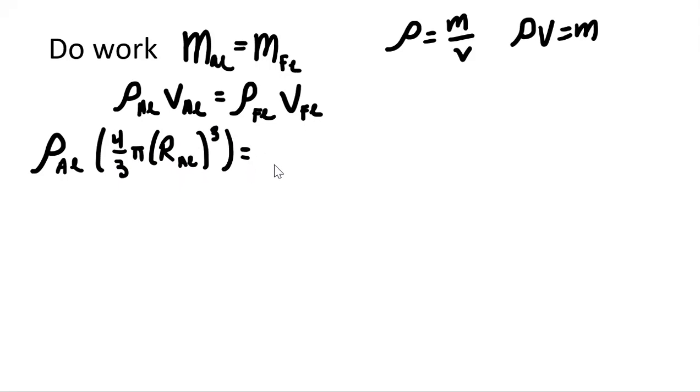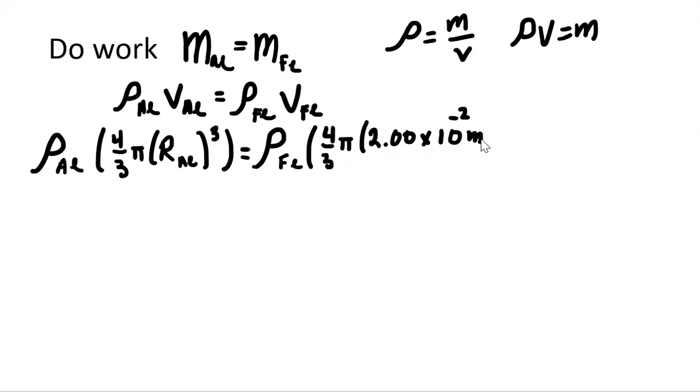We're going to set that equal to the other side, so that's going to be the density of iron times the volume, which is going to be 4/3 pi. But we know this radius. This is going to be 2.00 times 10 to the negative 2 meters. We're going to cube that.